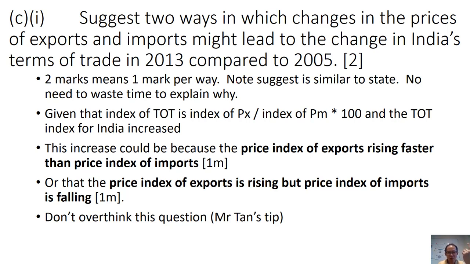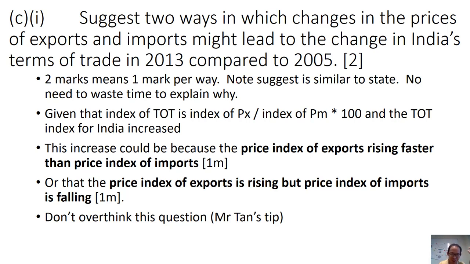Okay, number 1, you could say that the price index of exports, which is the numerator, is rising faster than the price index of imports. So from the fractions, if your numerator increases faster than the increase in the denominator, the entire fraction should be going up.